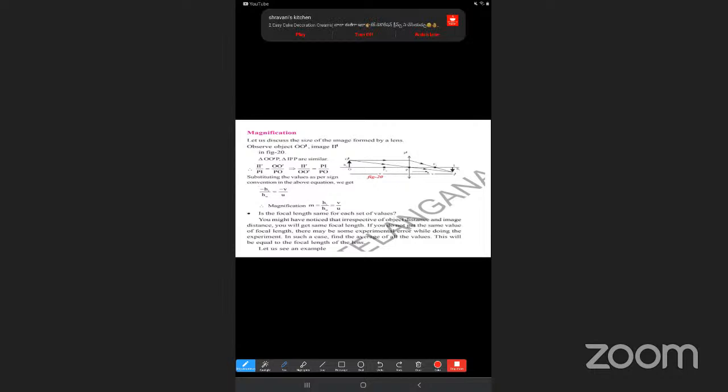Therefore, magnification M equals HI by HO, which equals V by U. HI is the image height and HO is the object height here.